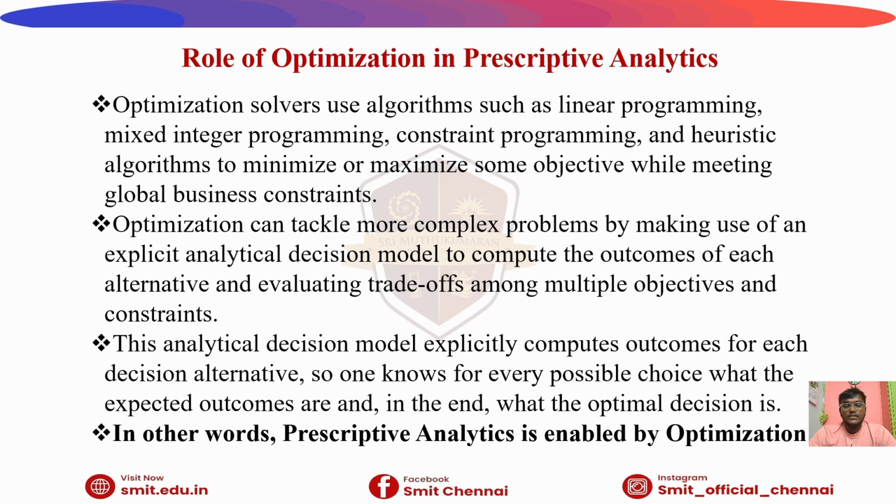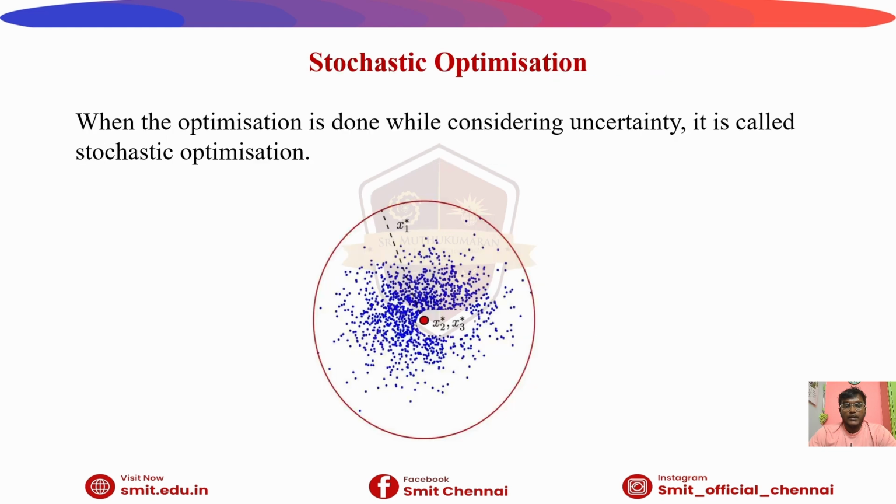When optimization is done while considering uncertainty, it is called stochastic optimization. Why does this matter? The real world is uncertain. Future demand, prices, and customer behavior are not known with certainty.